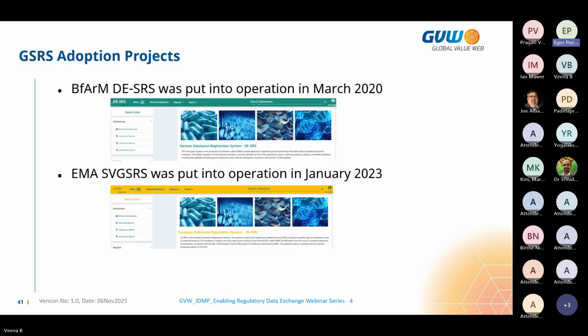Then in 2023, I made a migration of EMA data to the SVGSRS system, which is used by the SVG substance validation group team at EMA. So here you see two projects. Please next.